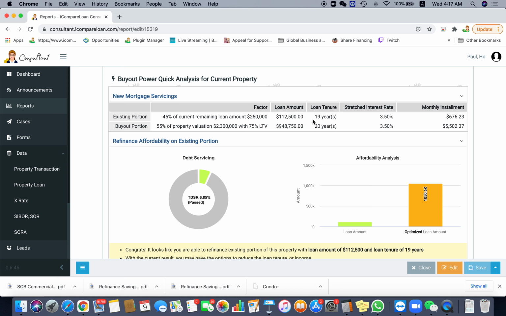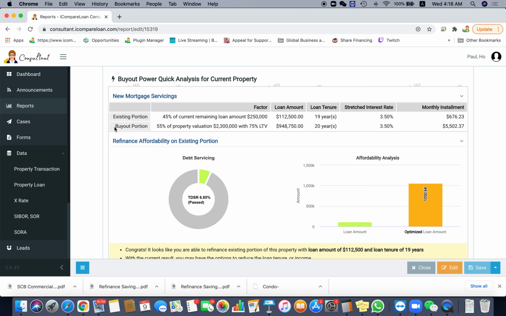The remaining tenure is 19 years, the TDSR interest rate is 3.5%, and the monthly installment is $676, right? So he is being assessed for this amount, 112,500, and he would pass, based on his current income that we input.